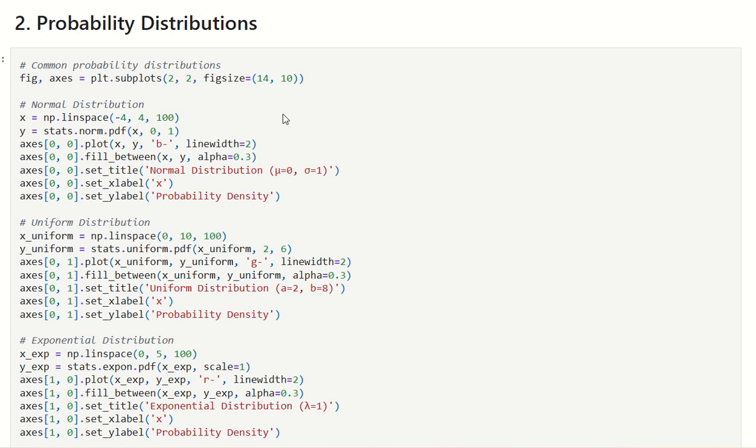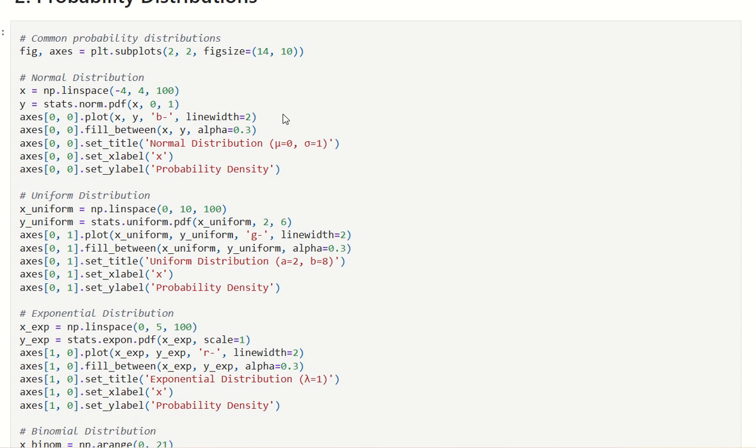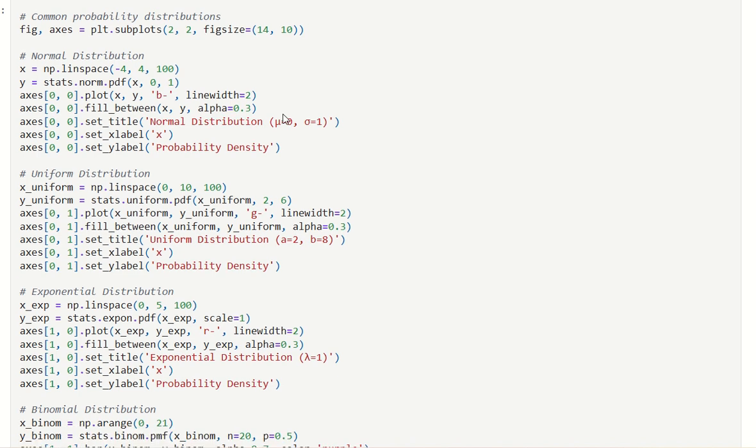Probability distributions. I check whether a numeric feature resembles a normal distribution or something else: uniform, exponential, binomial for counts. Visual checks are important. Overlaying a normal curve on a histogram or using a QQ plot quickly shows deviation.